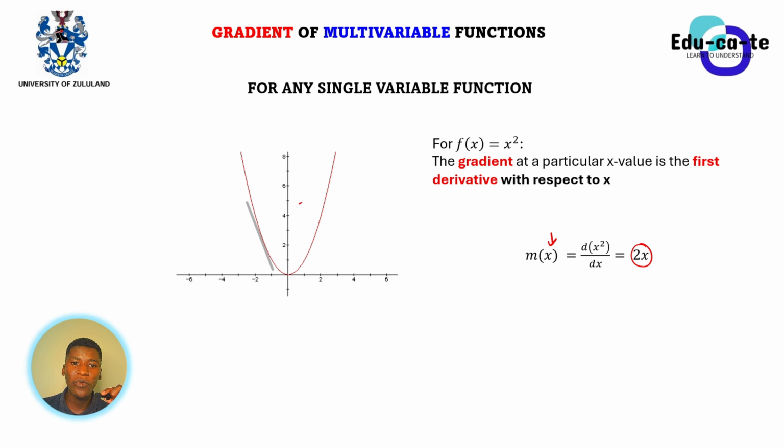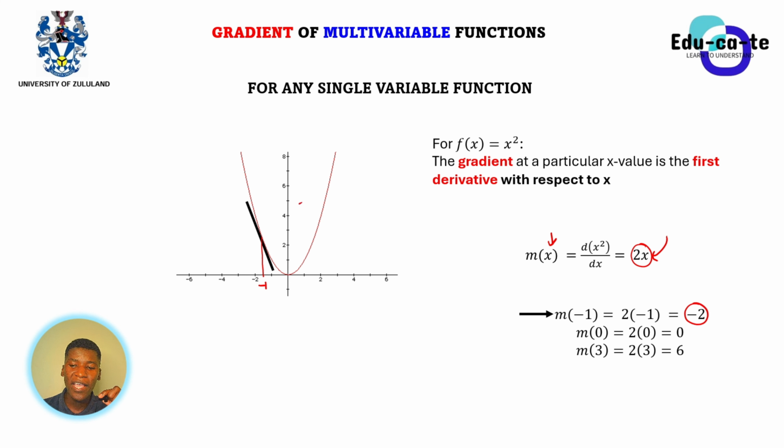In this case, we can put a tangent line at a particular x value. Let's just say, for example, the x value here is -1. You can see that the tangent line is sloping downwards, so it means that it is a negative gradient. We can calculate the gradient simply by substituting the x value at which we are measuring the gradient, which is -1, into this equation, and you get that the gradient is -2.